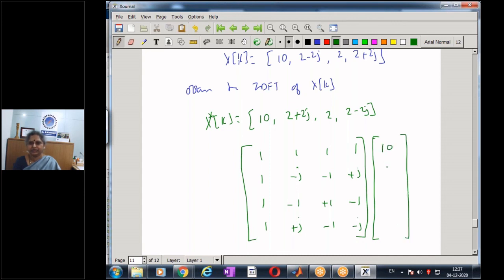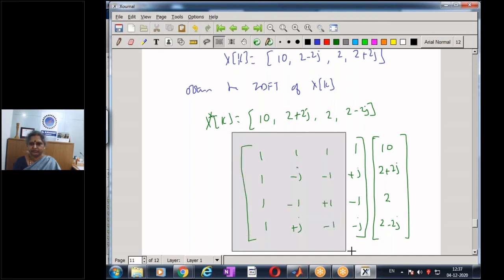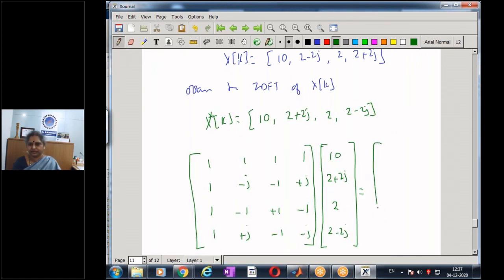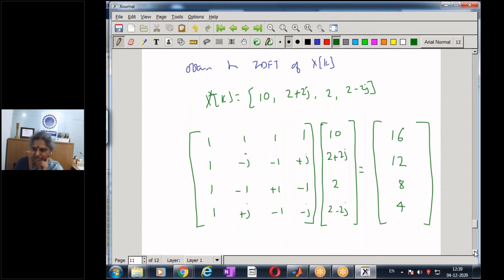Now let me multiply it with 10, 2 plus 2j, 2, and 2 minus 2j, and this gives me the DFT of X conjugate of k. When I do the multiplication, I get the result as 16, 12, 8, and 4.